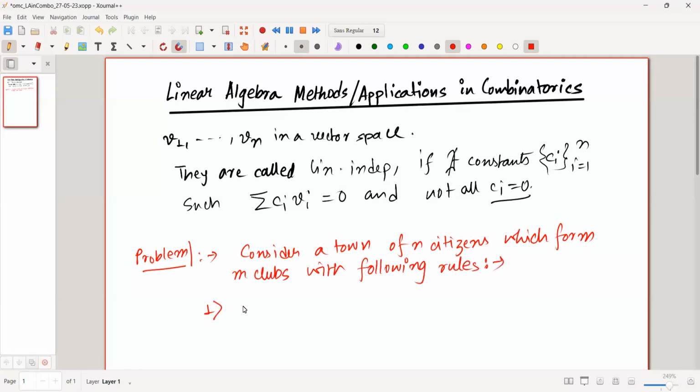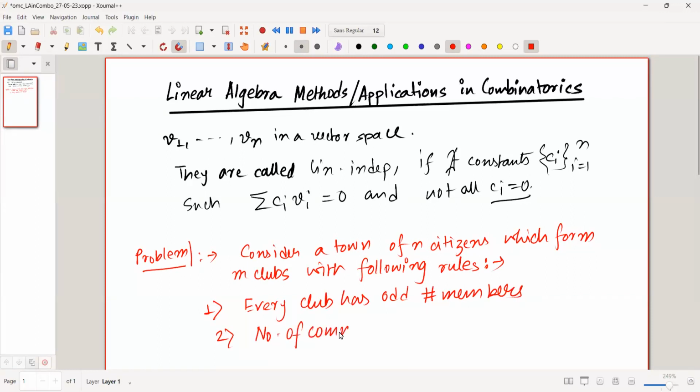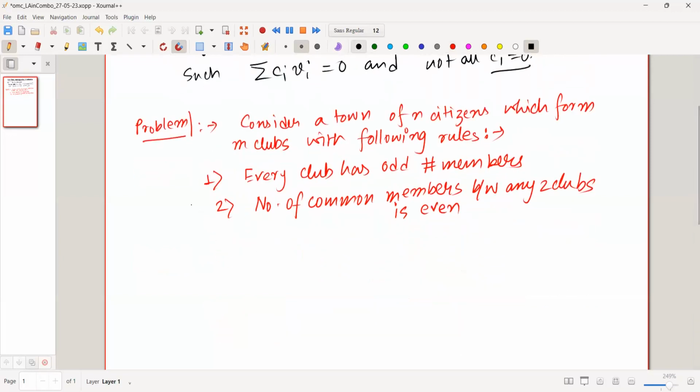First, every club has an odd number of members, and the number of common members between any two clubs is even. That's the problem statement. Prove that m is at most n.